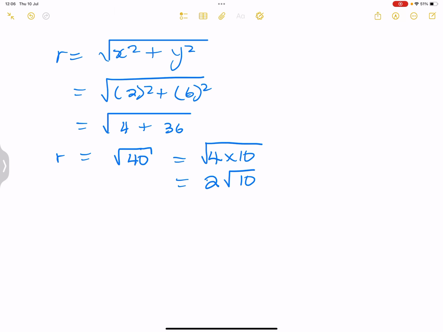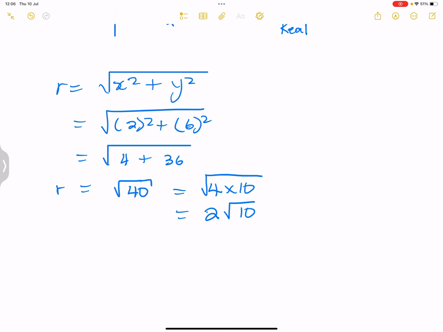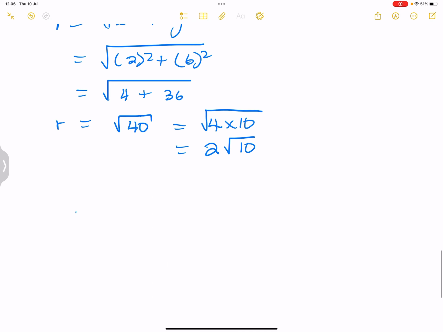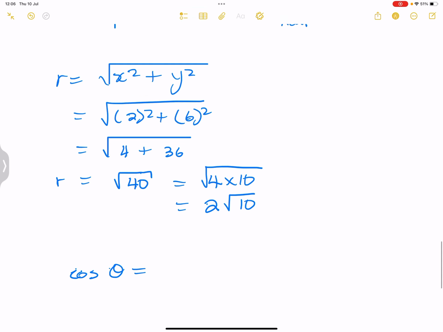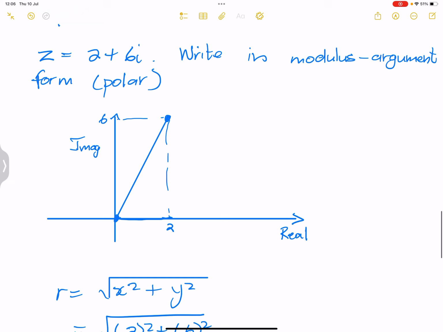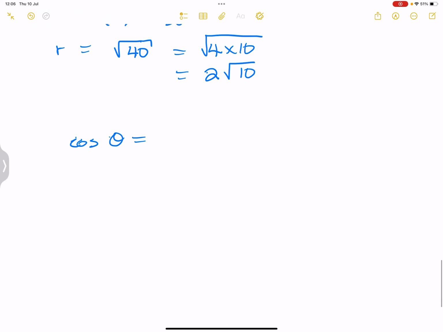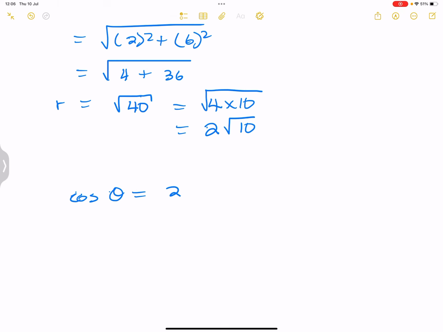And of course, we also want to find out what the argument is, meaning the angle. It doesn't really matter whether you take tan or sine. Let me take cosine of the argument, just to show you. That's going to be adjacent, so that's going to be x. Remember, the argument would be the angle that is here. So that's x over r, which is x divided by r, which is 2 root 10. So theta would be the arc cos.